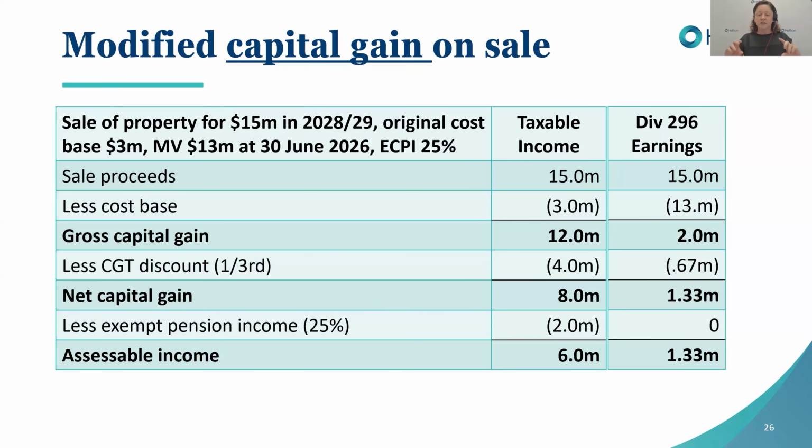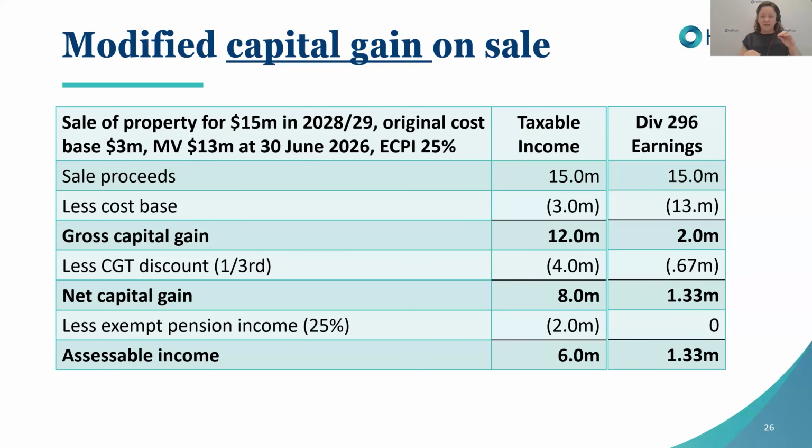We elected to adjust the cost base for Div 296 purposes to its market value on 30 June 2026. So our gain is in fact only $2 million. We're still entitled to the 1/3 discount, but we don't get that tax exemption for being in pension phase. So we've effectively got $1.3 million included in Div 296 earnings.